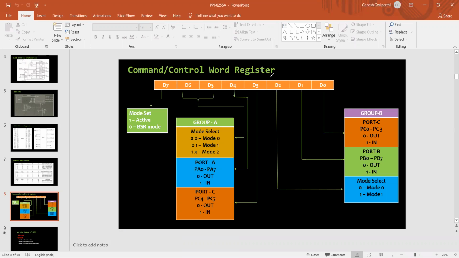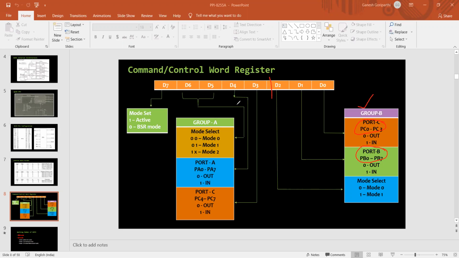Before going to D0, these three bits, D0, D1 and D2, are the control signals of group B. In group B, what do we have? Port C lower nibble and the entire port B. So these bits will select the control of the group B signals.